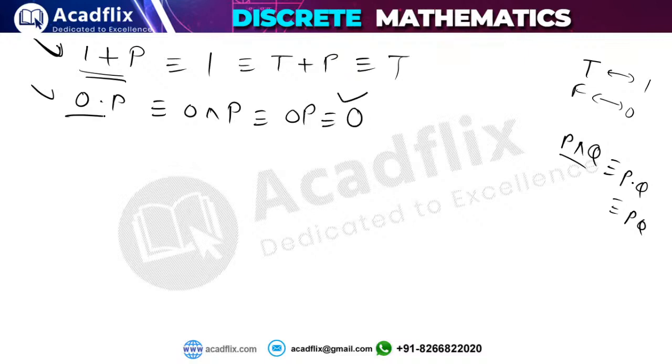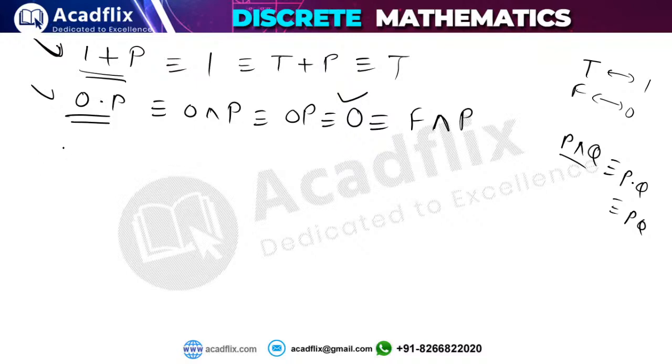Finally, remember, 0 conjunction with anything is 0. Or you can write false conjunction p, because false means 0. The conjunction sign can be written as a dot also.